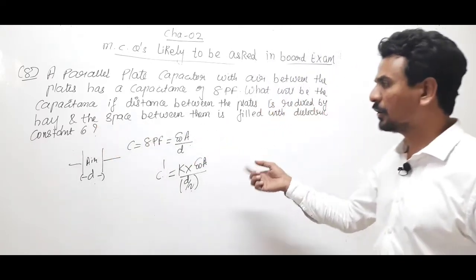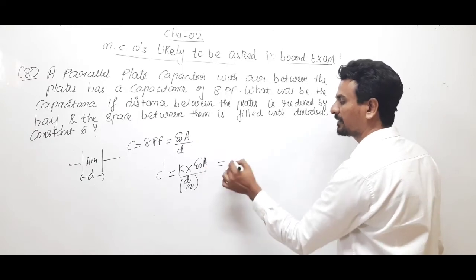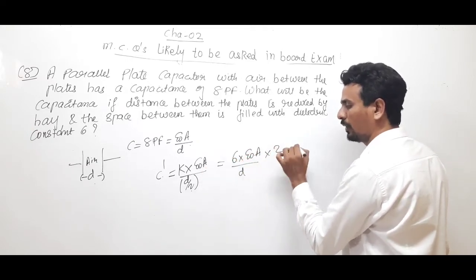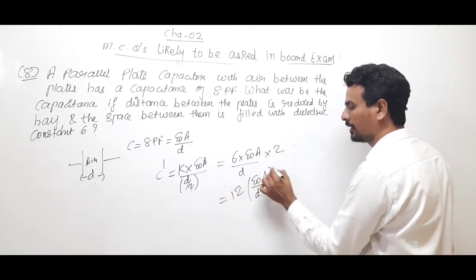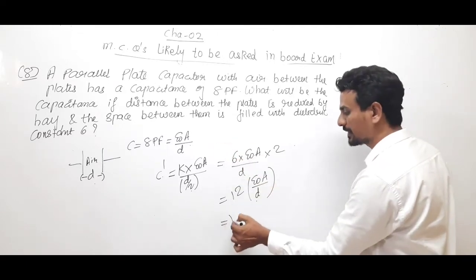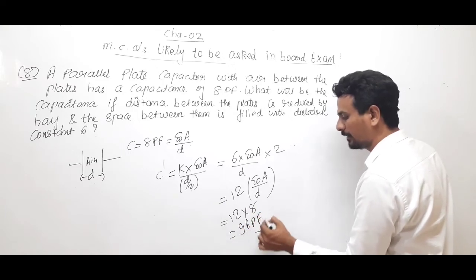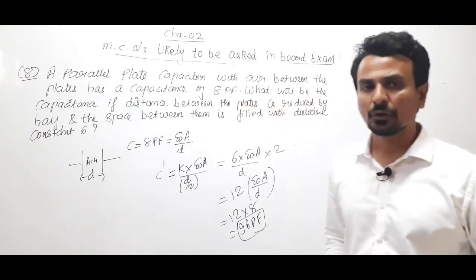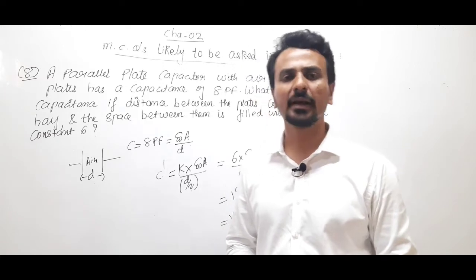K is given as 6, so 6 into epsilon naught A upon D into 2. That is 12 into epsilon naught A by D. Epsilon naught A by D is 8. So this will be 12 into 8, that is 96 picofarad. So the new capacitance will be 96 picofarad. This was your question of exercise in your textbook. Clear? Next one.